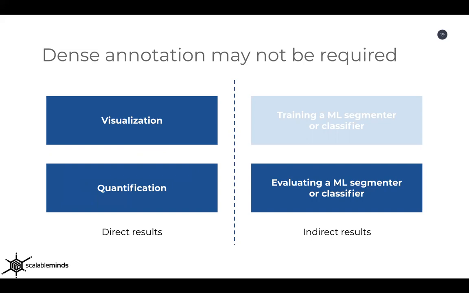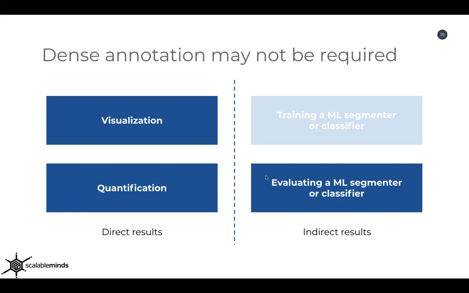That is something you can get away with using just sparse annotations. Also, quantification is something where sparse annotations can be very powerful. Again, for the nuclei example, if you're interested in counting them or calculating some densities among different layers in your data set, you only need, let's say, one dot or point per nucleus. So counting is great. You can also do measurements with some simple lines or bounding boxes that you can draw.